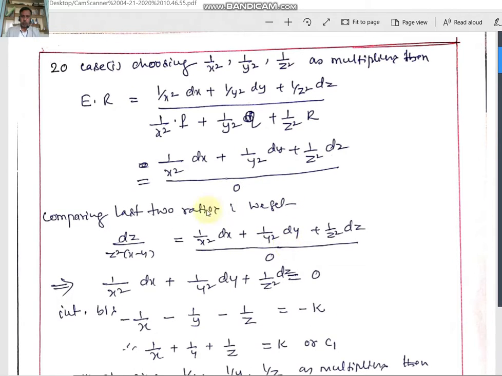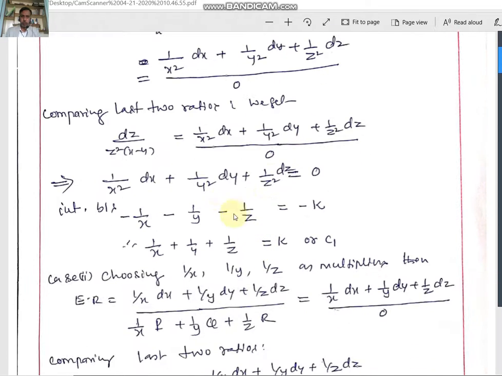Then consider the last two ratios, that is the third ratio and fourth ratio, cross multiply, you will get a differential equation: 1 by x square dx plus 1 by y square dy plus 1 by z square dz is equal to 0. So easily this can be integrated. Integrate each term with respect to the respective variable. So the integration of 1 by x square dx is minus 1 by x.